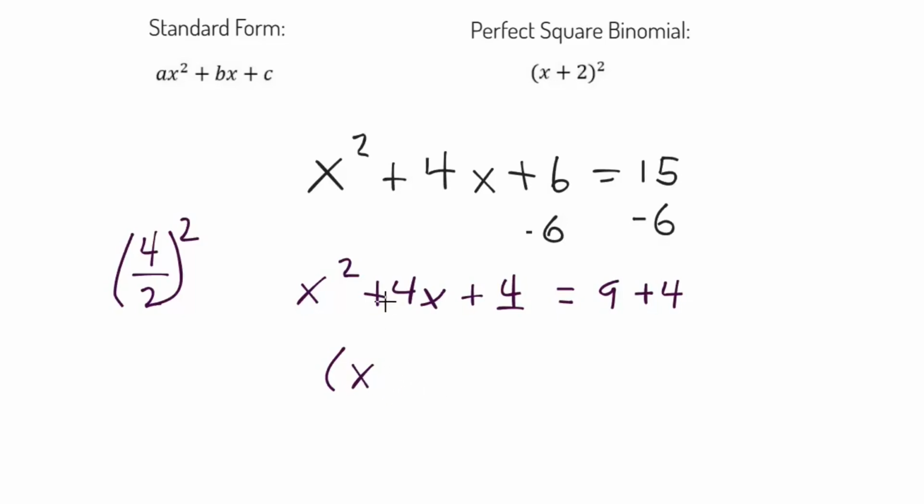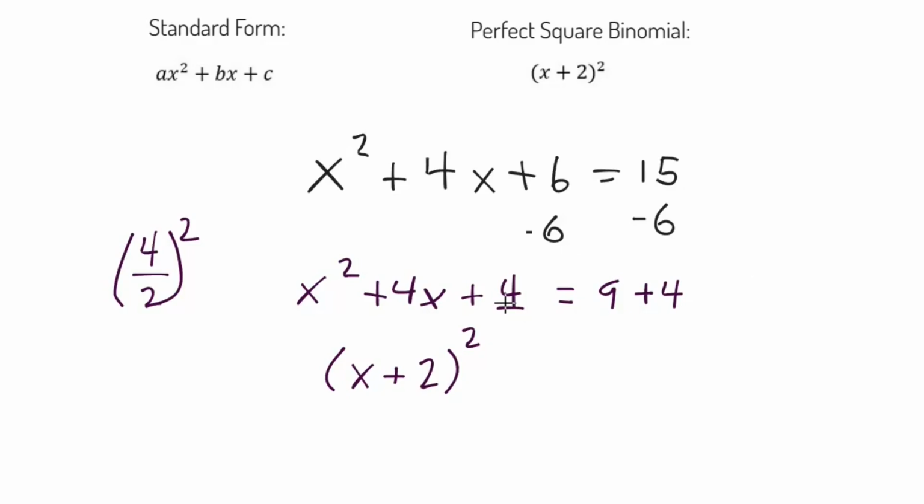So x, in this case it's plus, and b divided by 2, that's just 2, and that's our binomial, and then we square that. That's this trinomial factored, okay?